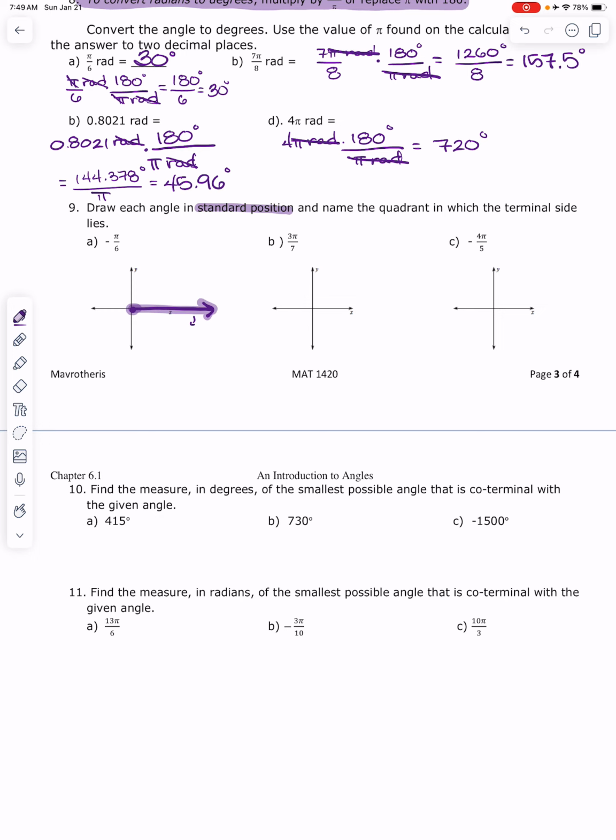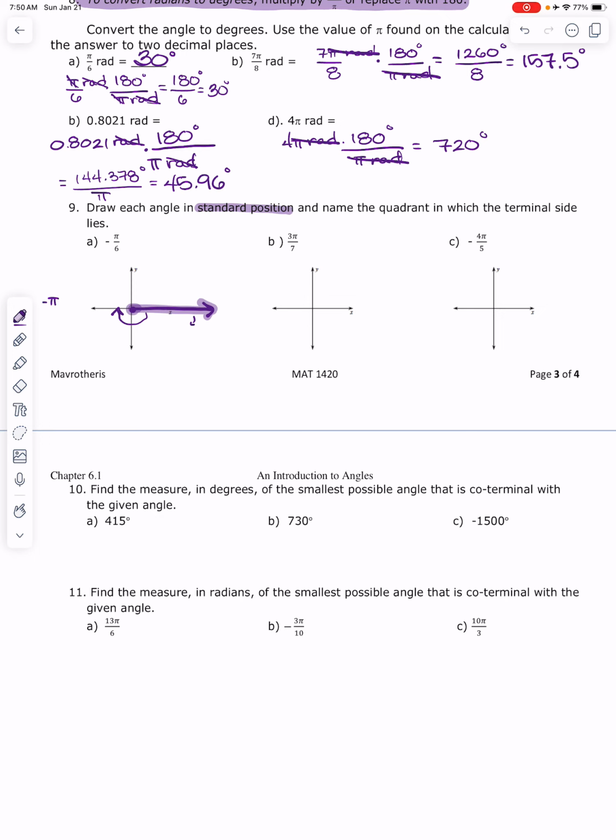The question is, where does negative pi over 6 lie, and how do we figure that out without having to always convert to a degree? In the negative direction, if we go all the way to the negative side of the x-axis, that's 180 degrees or negative 1 pi.